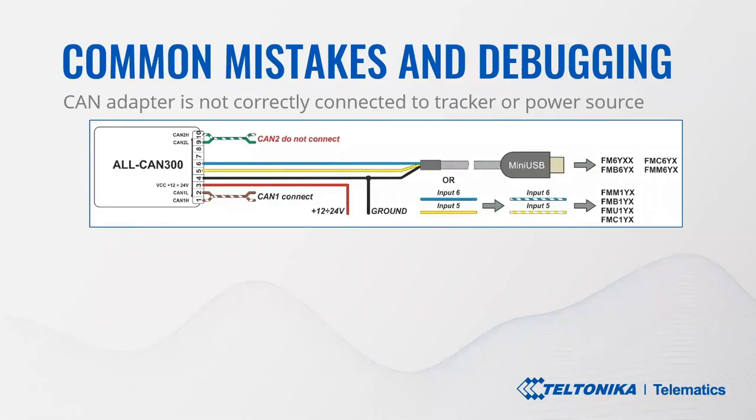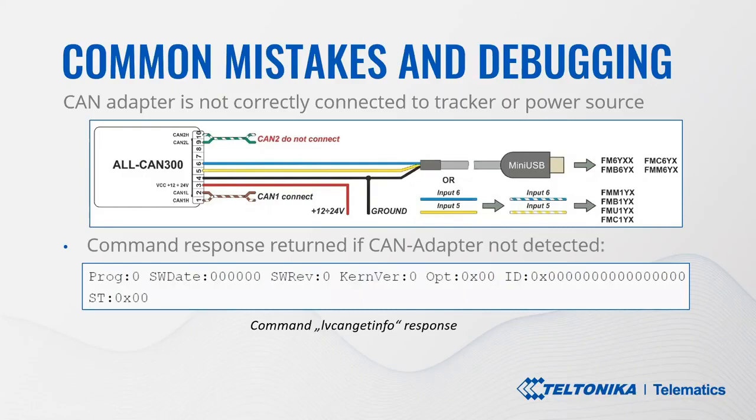Together with this, it is also, of course, important to connect the power source to the CAN adapter and, of course, the ground. If units are not powered or correctly connected to our trackers, command LVCAN get info will return response with zeros. This means that no information is coming from the separate adapter.